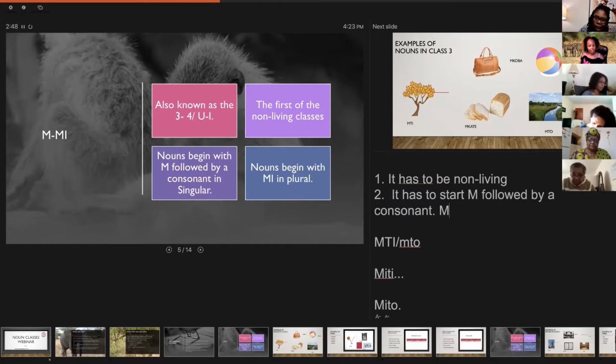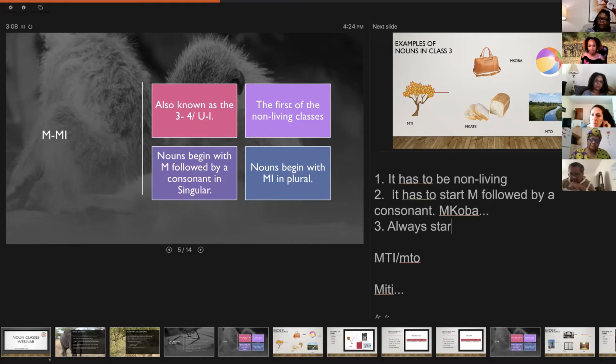So if it starts with an M and it's followed by a vowel, that means it belongs to a different noun class. Another word, mkoba, that's a bag, belongs to this noun class. And then finally, the plural always starts with MI.